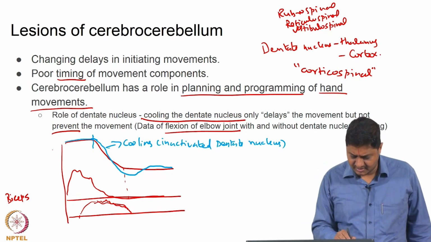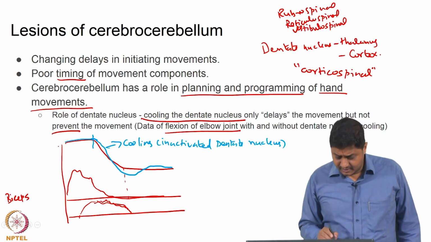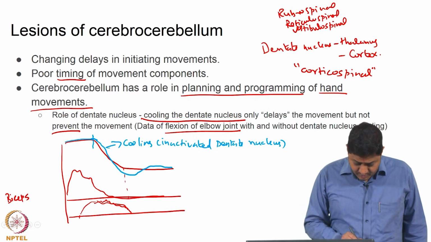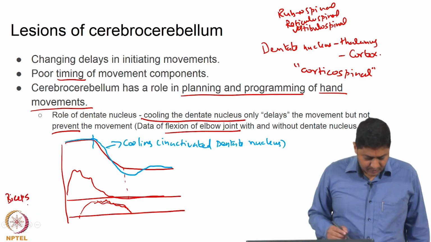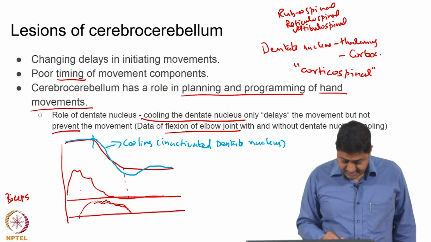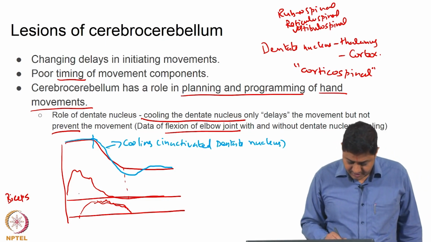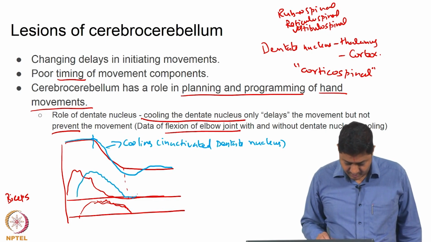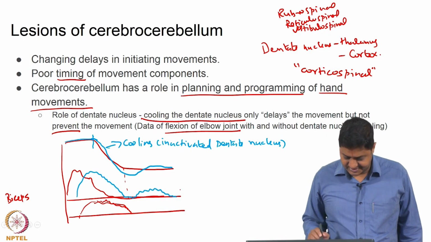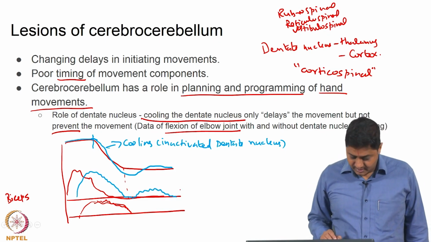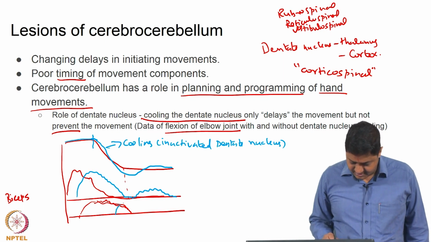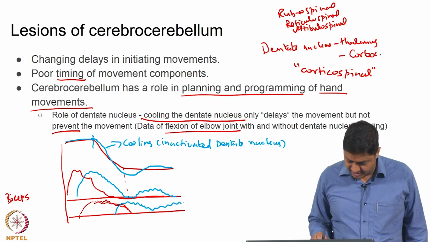These diagrams are not timed appropriately, but what is more important is the difference between the two cases, obviously for us that is more important than this. So, what happens with cooling, I am going to draw in blue, what happens is that the biceps activity is delayed and does not have proper termination, continues like that, and what is worse is that the activity of the triceps is delayed and does not have proper termination.